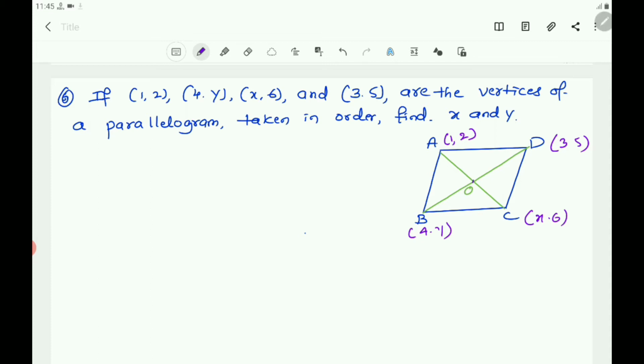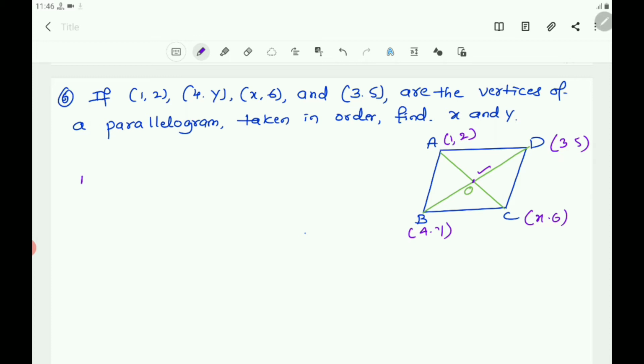So O is the point at which both the diagonals bisect. So O divides AC in the ratio 1:1, and also O divides BD in the ratio 1:1. So the midpoint of AC is the same as the midpoint of BD. By using that idea, let us find the values of x and y.